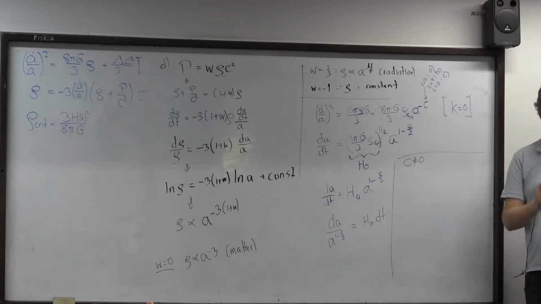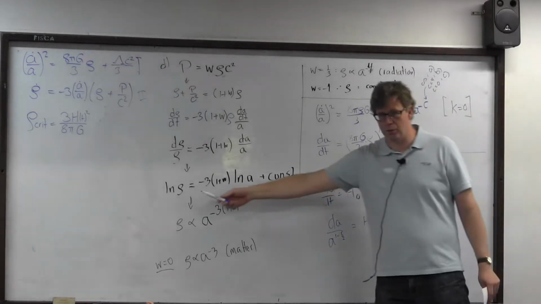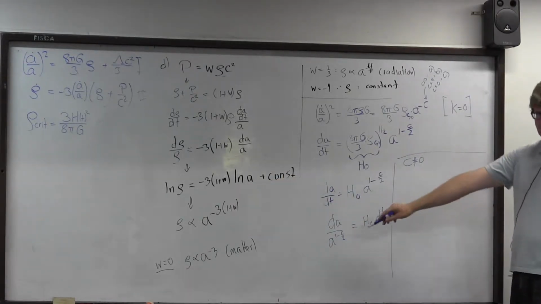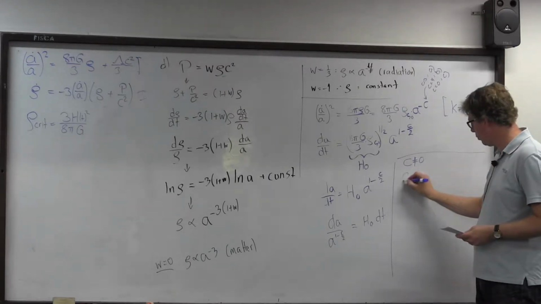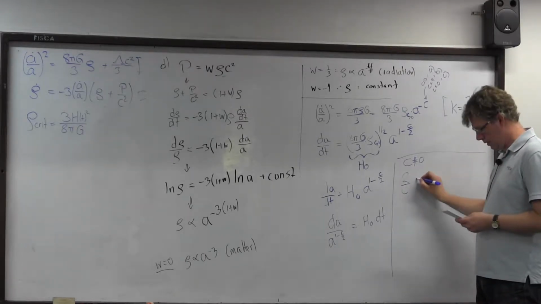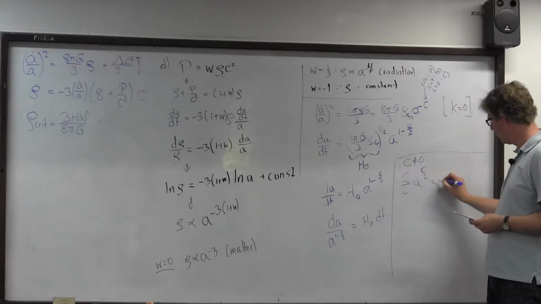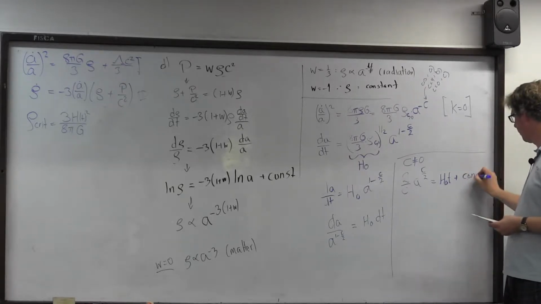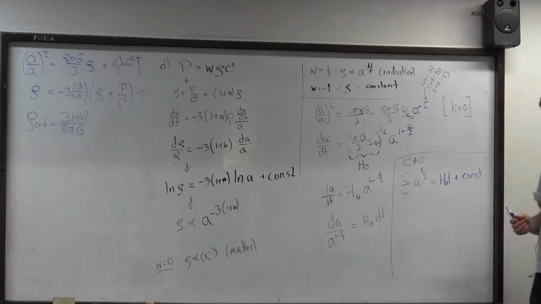If c is equal to 0, this becomes the natural logarithm, so it's the same solution as here. But let's just assume it's not 0. It's elementary. And you get 2 over c times A to the c over 2 is H naught t plus constant. So that's just generically integrating it up.